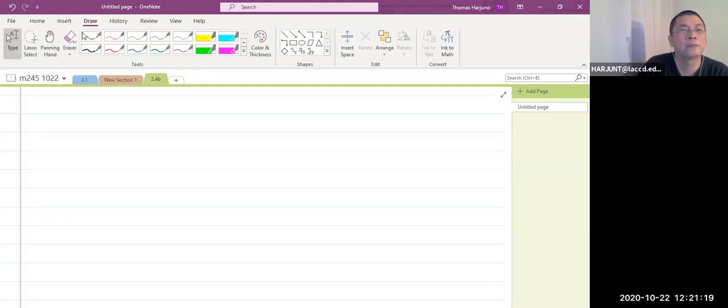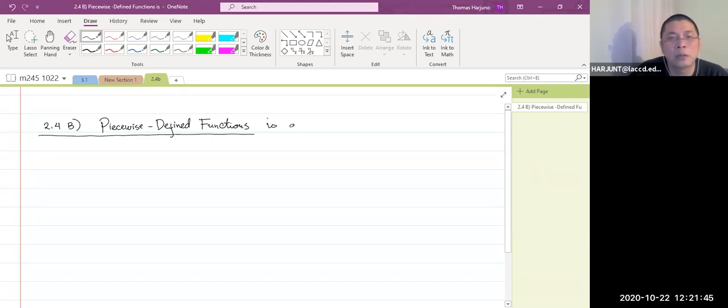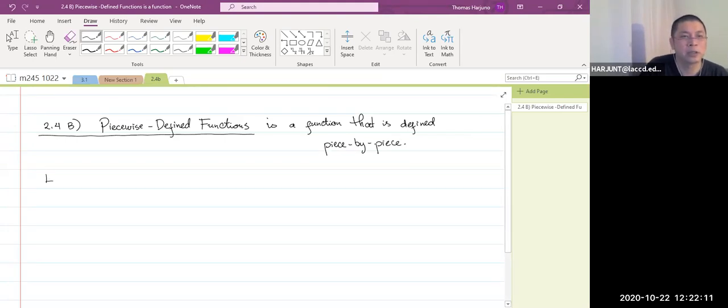A piecewise defined function is, just by its name, a function that is defined piece by piece.